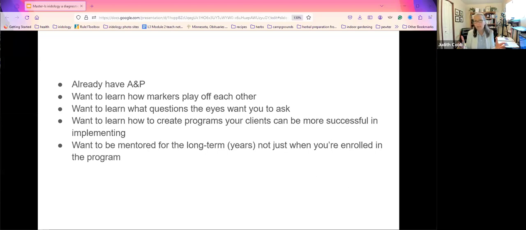How many courses have you taken where while the program was active, you had mentoring, you had access to teachers to ask questions of, but when the course was over, the door slams shut, now you're on your own? Yeah, I don't do that. That door stays open for support.